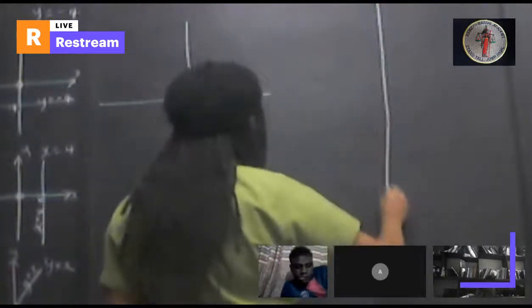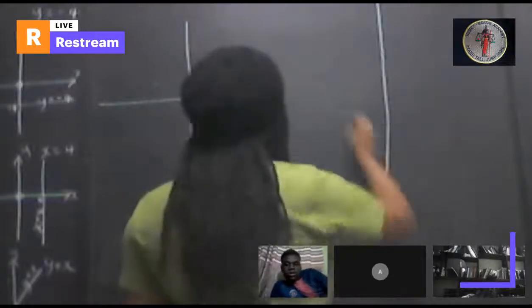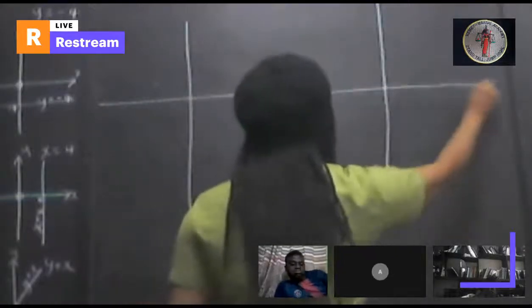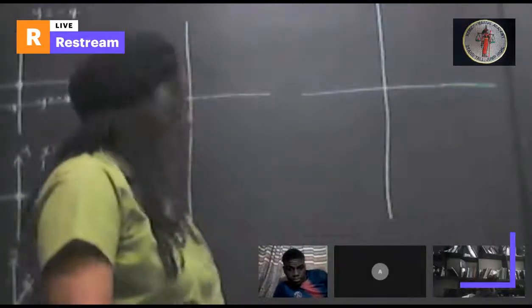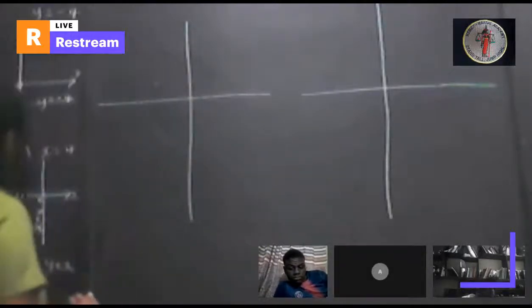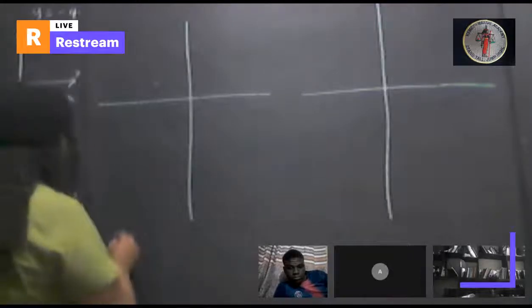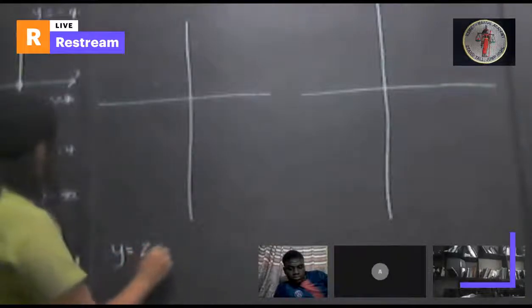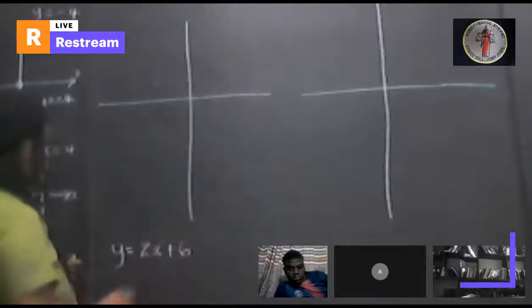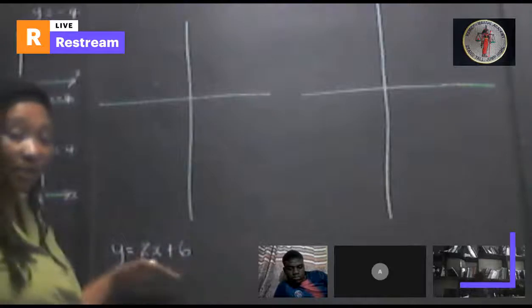And I'm going to show you how to draw your table and get your coordinates to plot the lines. I'm going to do one where x is negative and where it is positive. So for example, y equals 2x plus 6. That's our function, that's our equation.